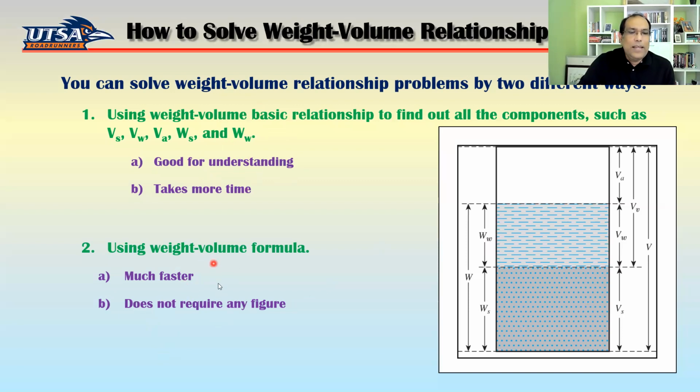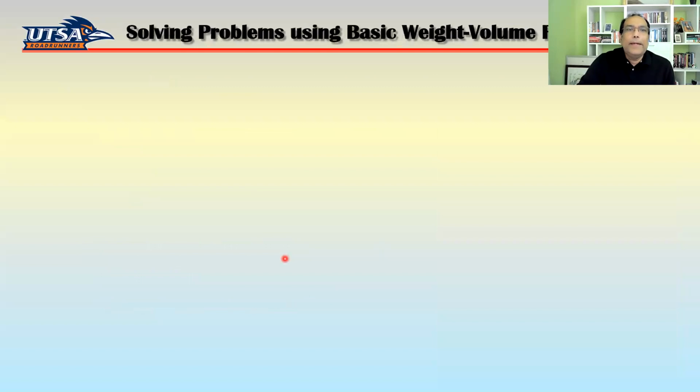With the formula, you don't need to know each of the terms separately, and you can just find out directly what you are asked to find. Now let's see how we can solve some example problems.